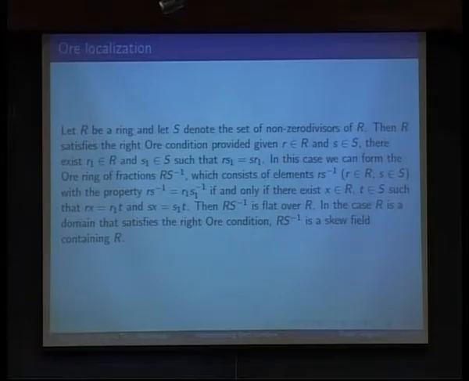We also want to consider Ore localization. Well, this is to do with forming fields of fractions. Really, we're thinking in terms of the non-commutative case. So let R be a ring and S denote the set of non-zero divisors of R. Then R satisfies the right Ore condition if, given r in R and s in S, there exist r1 in R and s1 in S such that r s1 equals s r1.